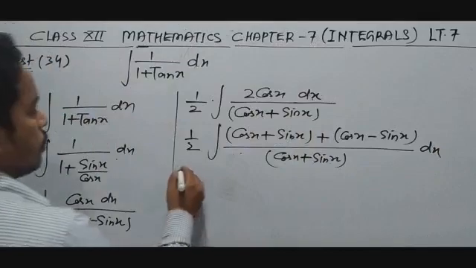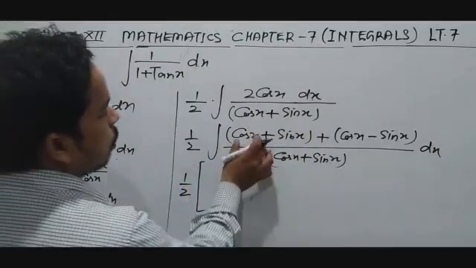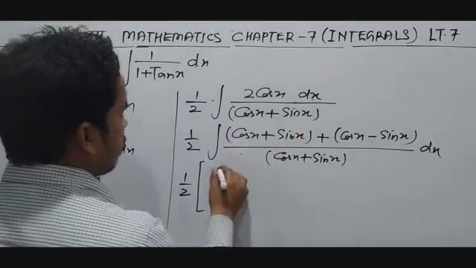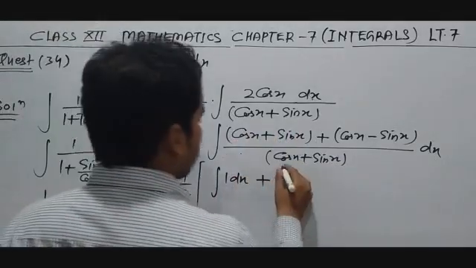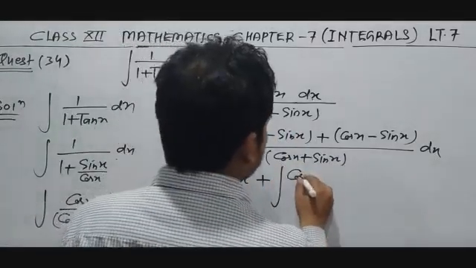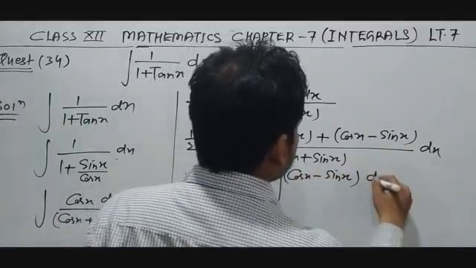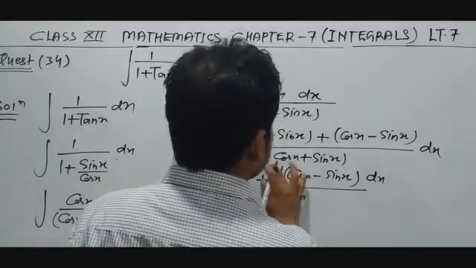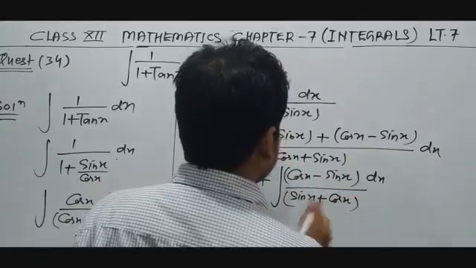So now 1 by 2, this is the integration of (cos x plus sin x) upon (cos x plus sin x), which is the integral of 1 dx, and now plus the integral of (cos x minus sin x) dx whole upon (sin x plus cos x).